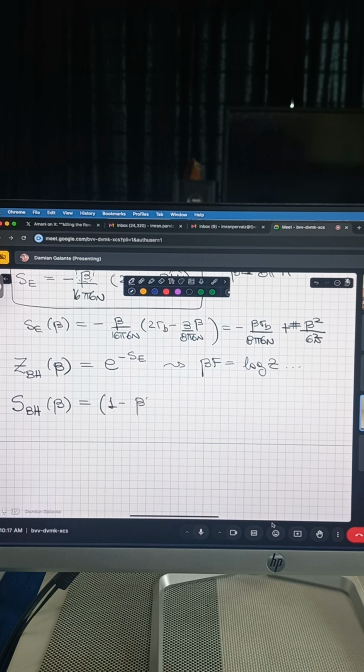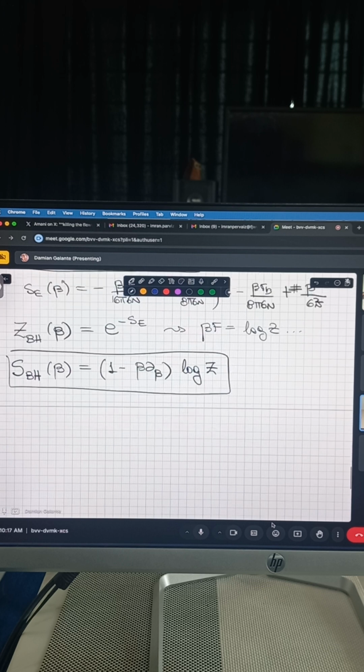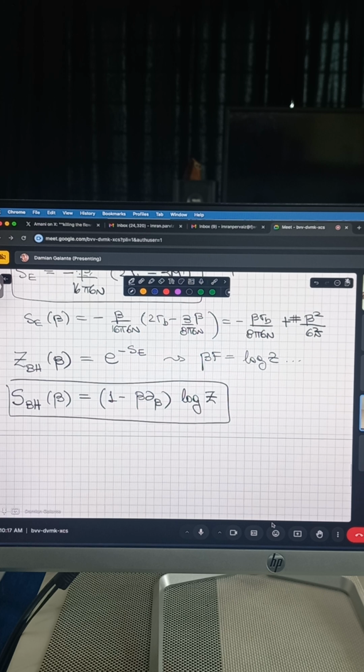So if you go back to my computations from yesterday, you will see that what I need to do is to do 1 minus beta d beta of log Z. That's the conclusion from yesterday, or minus, or whatever. So log Z is minus S_E.